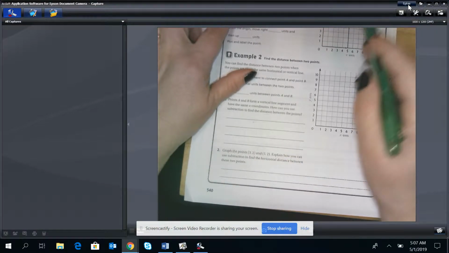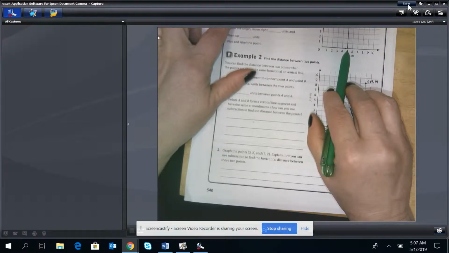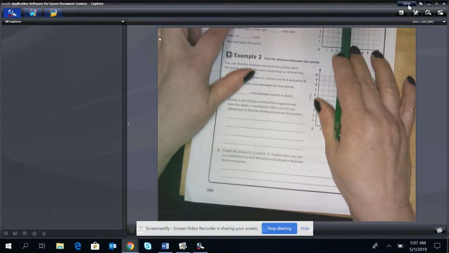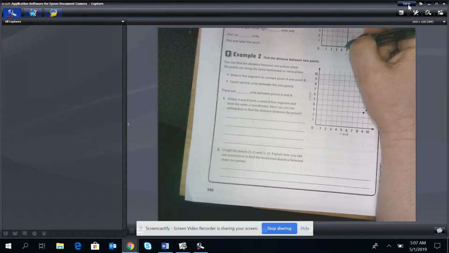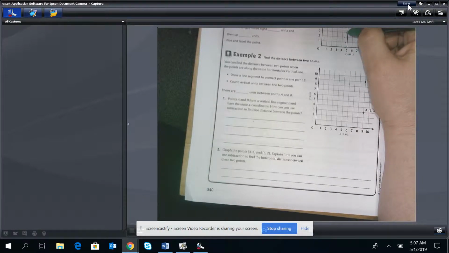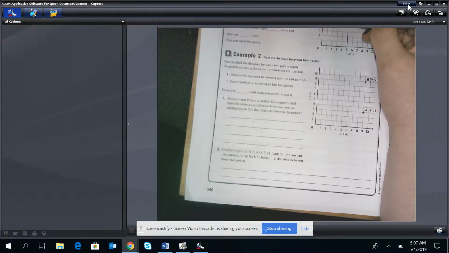So what did we do? We moved right 5, and then up 7 units, because each one of these is a unit. When you move up a square, it's a unit.